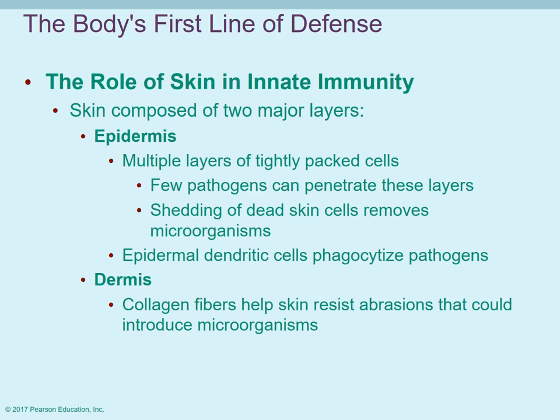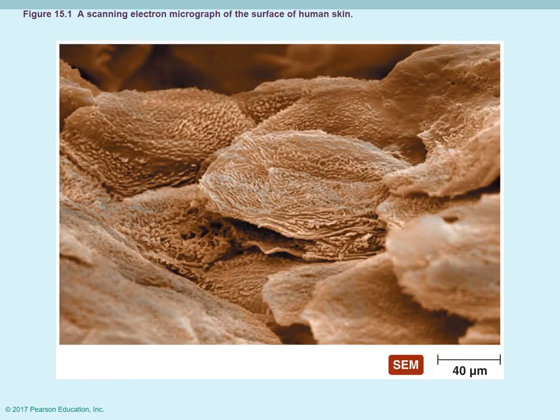The dermis layer is beneath the epidermis. Between the two layers, there is a layer of collagen fibers that really help to protect the skin from abrasions, cuts, and everything, because anytime you break this barrier by a puncture wound or a cut, that's an opening, a way for the pathogen to penetrate deeper into the body.